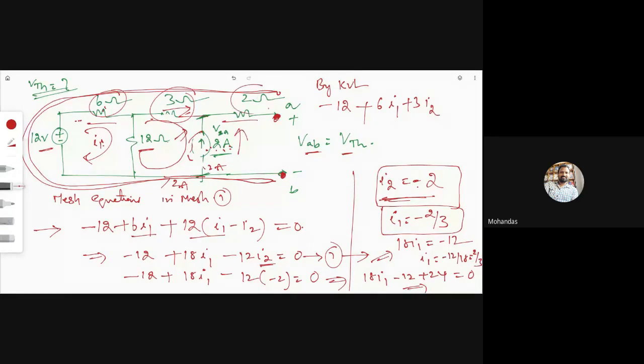Plus, what is the current flowing through the 2 ohm resistor here? As it is an open circuit, the current through this 2 ohm resistor is 0. Then you can write 2 into 0 plus this voltage, the VThevenin voltage or VAB voltage. As we are taking a clockwise direction and the current is entering at the positive terminal, we take plus VAB, which is equal to 0. Now we know the I1 and I2 current values. Substitute I1 and I2 and tell me the VAB from this equation. All of you note this down.